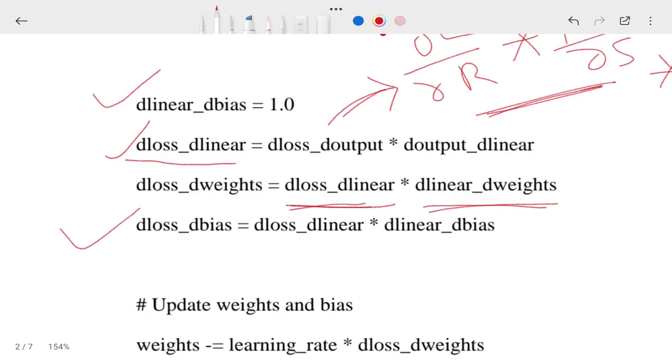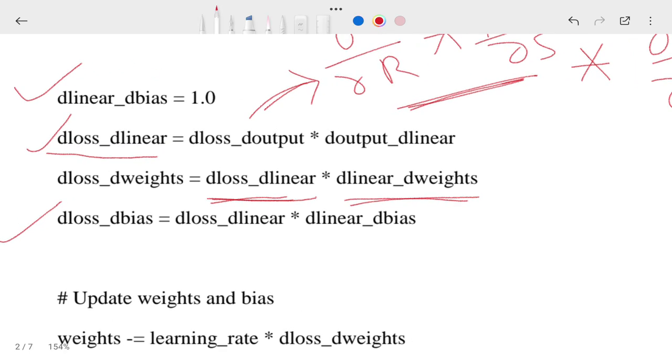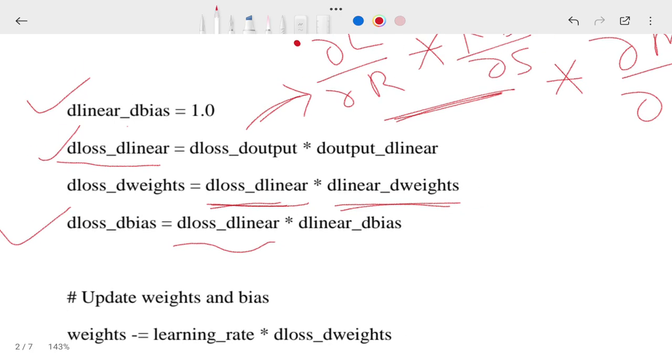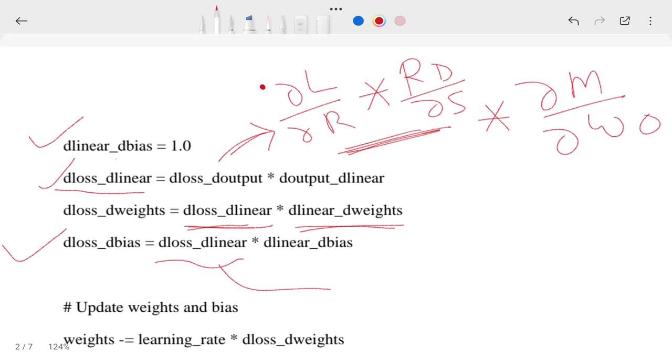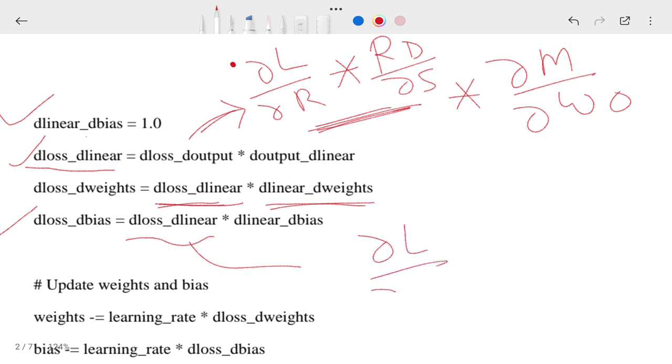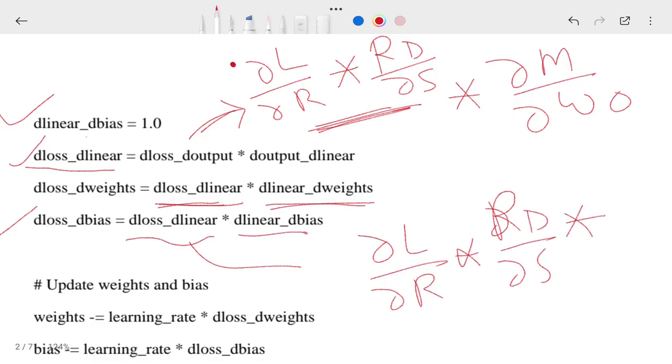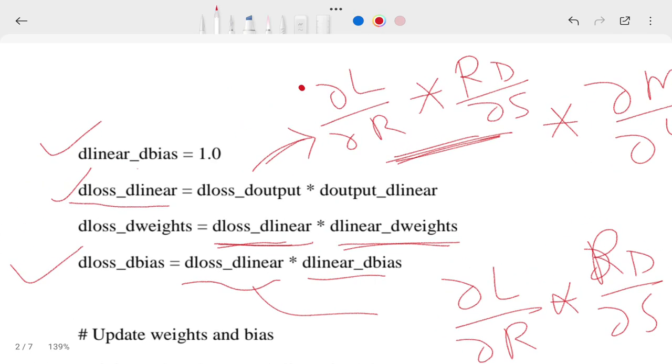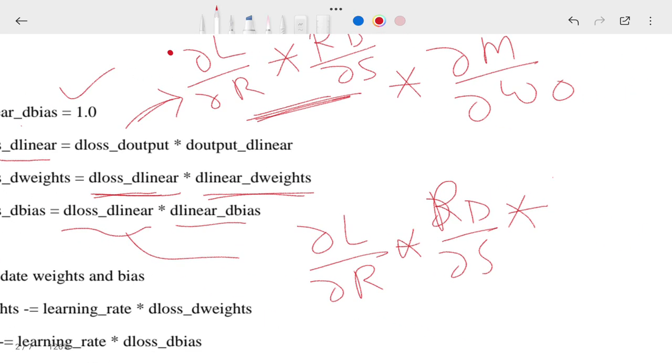Now last, what is this? Here I am writing, this is for bias. So for bias I am writing d loss upon d linear, which is equal to dL upon dr into ReLU derivative upon ds into d linear upon d bias. So d linear upon d bias is equal to 1. So I am writing here 1. Why?